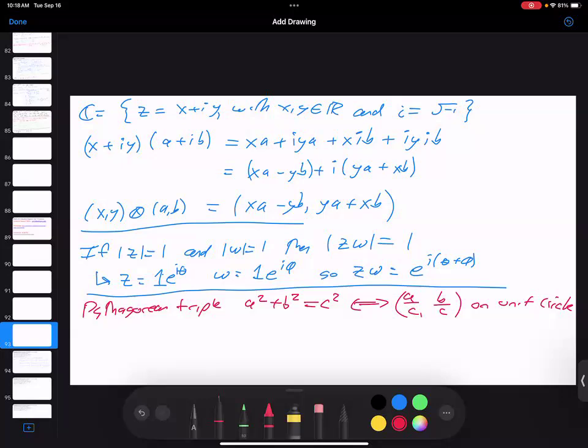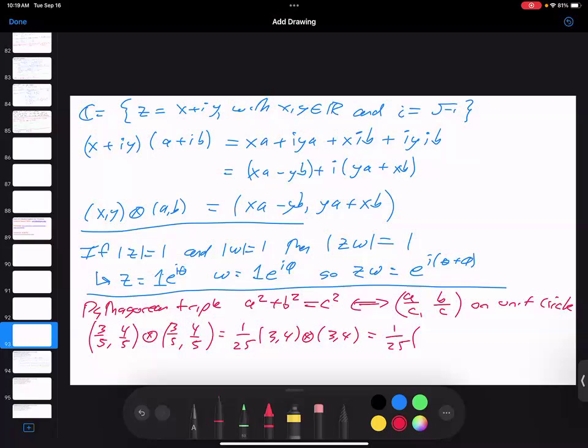So if I take 3/5 and 4/5 and combine it with 3/5 and 4/5, I know I can pull out 1/5 from each of them, and then I'll have 3,4 combined with 3,4. So it's 1/25. 3 times 3 is 9 minus 16. What's 9 minus 16? -7.